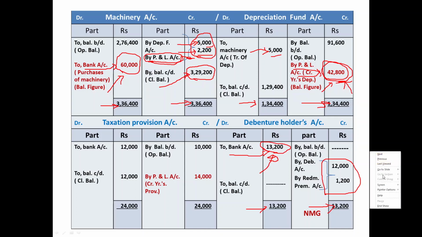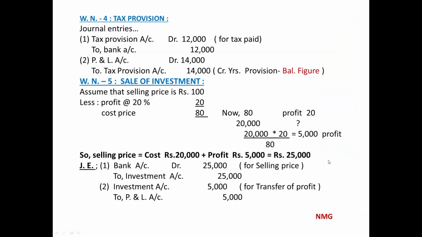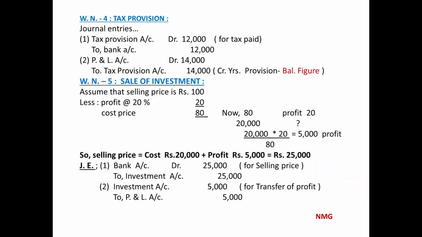Income tax paid rupees 12,000. Working note of this income tax provision account. Have a look. Journal entry number 1. Tax provision account debited to bank account credited 12,000.